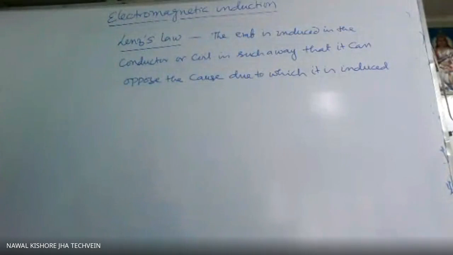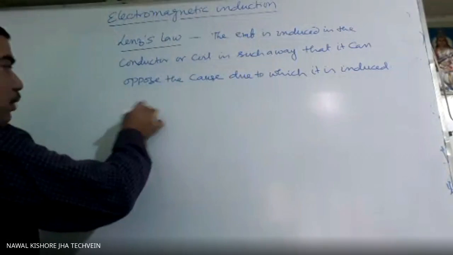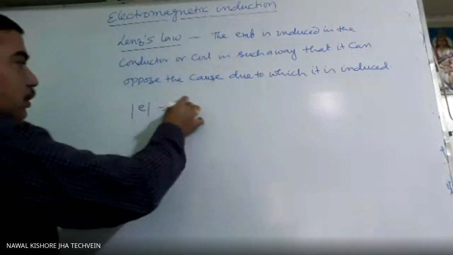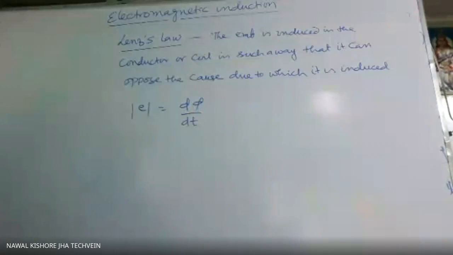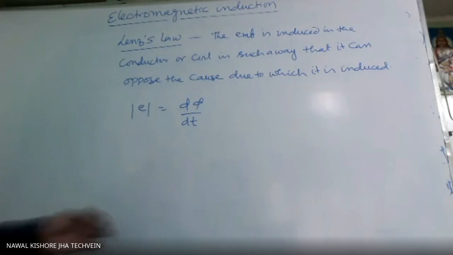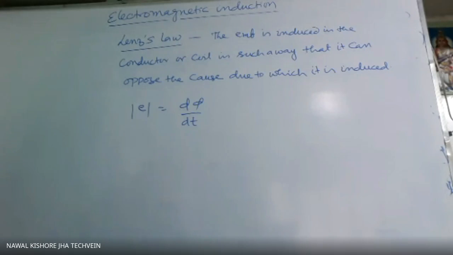Now, according to Faraday's law, the magnitude of EMF induced is the rate of change of magnetic flux, d phi by dt. Earlier, Faraday didn't give anything about the direction. Direction was given afterwards by Fleming and then Lenz.